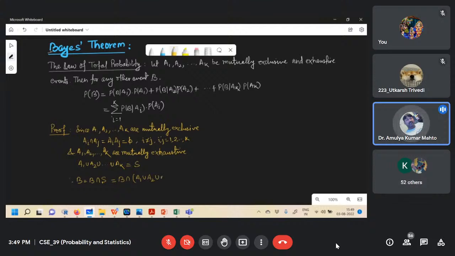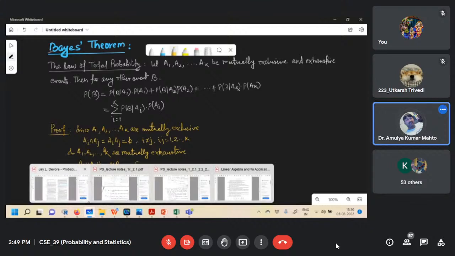Now, using the third axiom of the axiomatic definition, if you remember, let me first expand this. So this is B intersection A1 union B intersection A2 union B intersection AK. Can I write it like this? The intersection is being distributed to each of these.